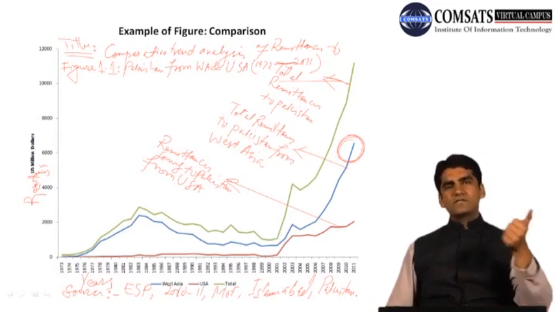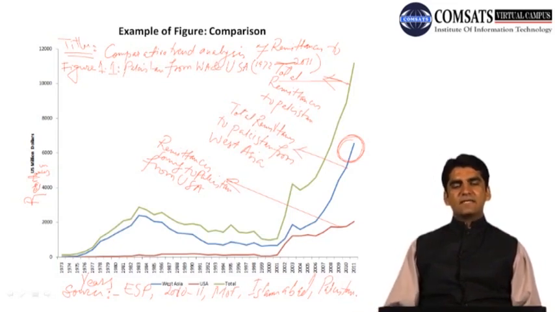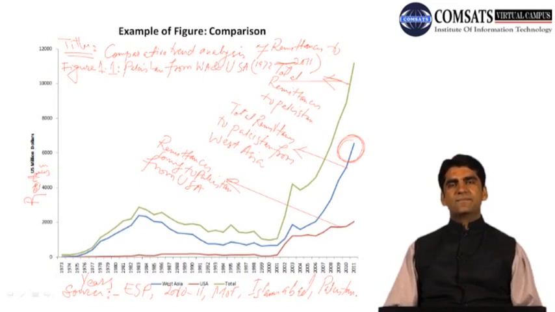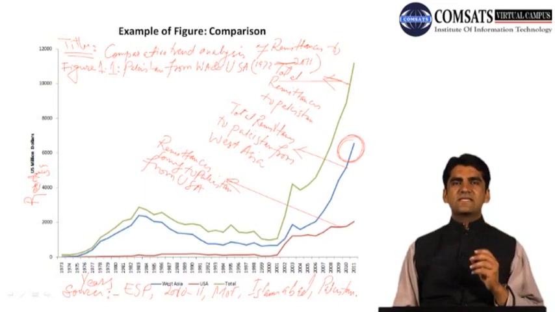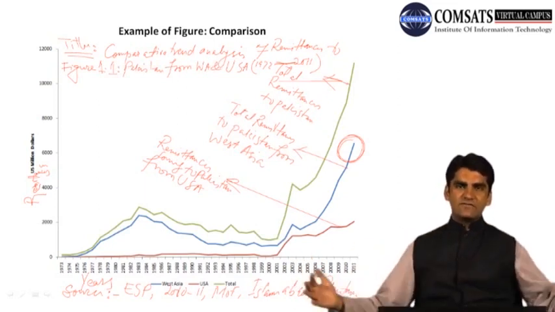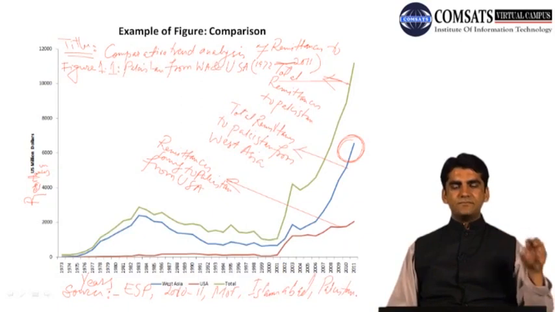Now first you look at the title: comparative trend analysis of remittances to Pakistan from West Asia and USA. So you are comparing for which years? 1972 to 2011. So for these four decades, or around 40 years, you are doing a trend analysis.